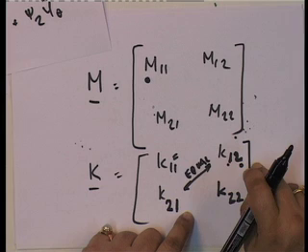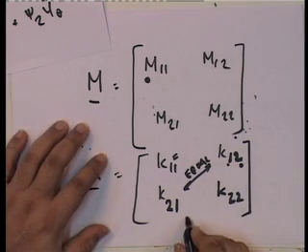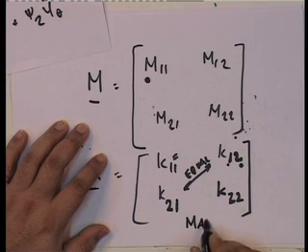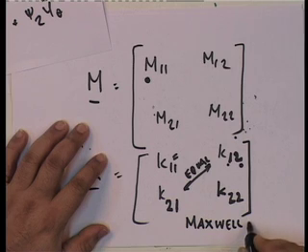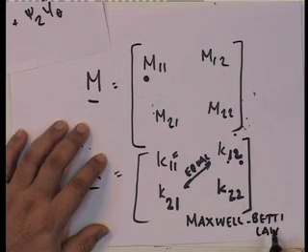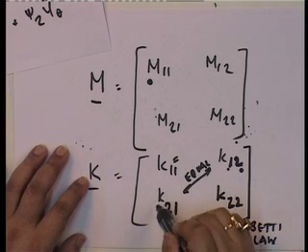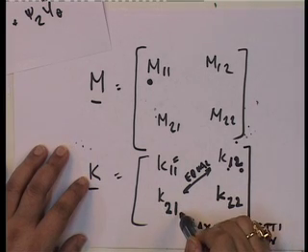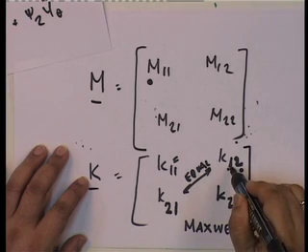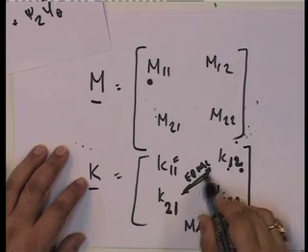Which law does this remind you of? This is the Maxwell-Betti law, which essentially says that force at 2 due to displacement at 1 is equal to the force at 1 due to displacement at 2. So, they have to be equal. So, these are always equal.